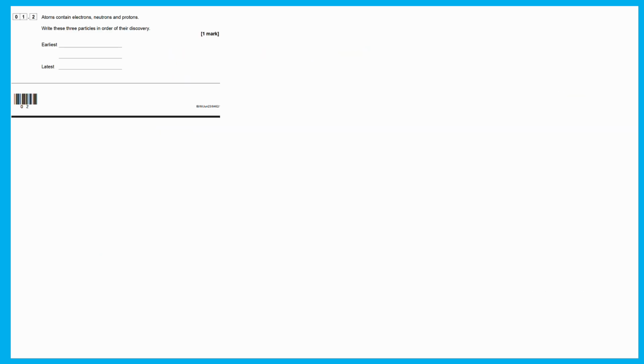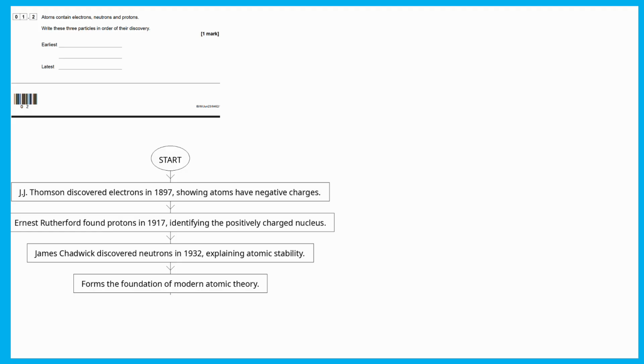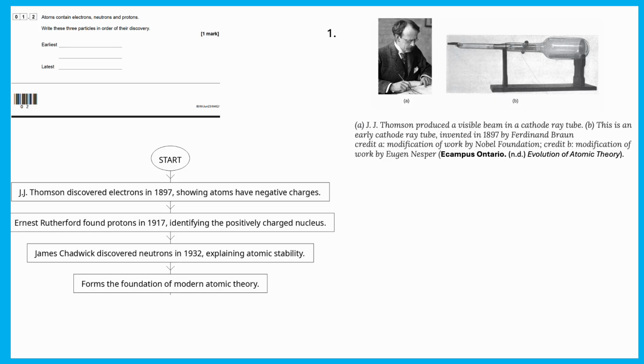We recall that the discovery of subatomic particles marked a turning point in the evolution of atomic theory. In 1897, J.J. Thomson identified the electron, a negatively charged particle, through his cathode ray experiments. This discovery challenged the long-held belief that atoms were indivisible.